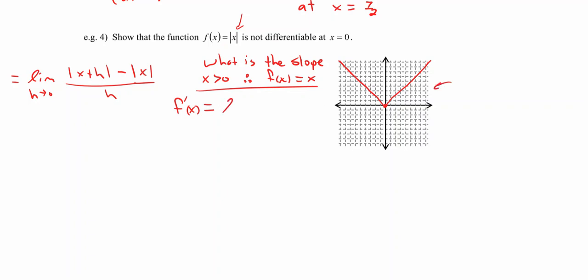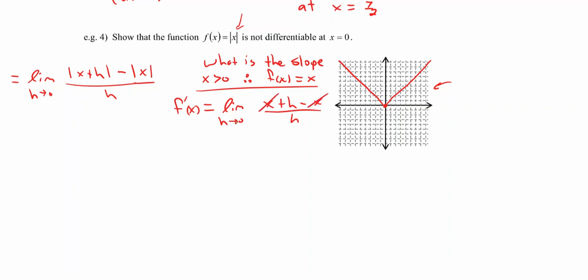So we'll say the limit as h approaches 0 of, and then this would become x plus h minus x over h. And this works out nicely because I've got x and they cancel.